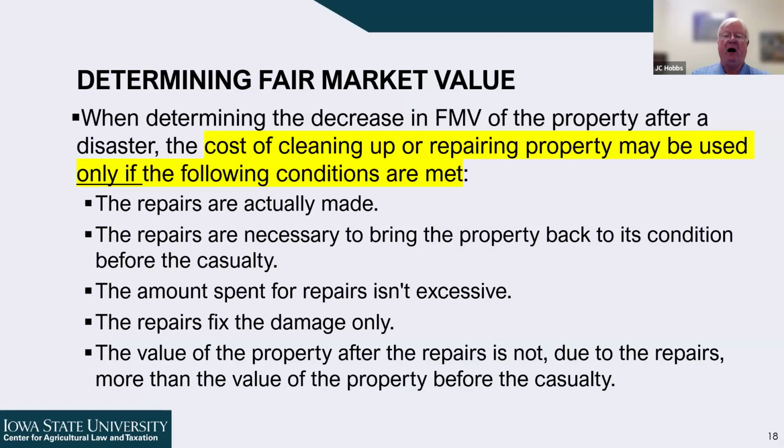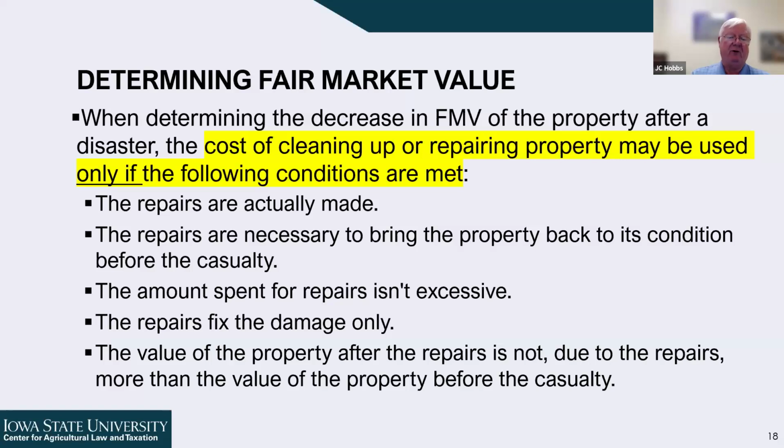And the repairs have to bring the property back to its condition before the casualty, not above and beyond, but to the condition it was before the casualty. So it can't be excessive. It has to only fix the damage. And the value of the property after the repairs is not, due to the repairs, more than the value of the property before the casualty.